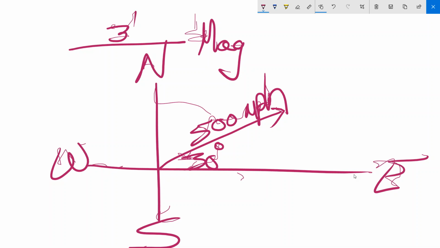The other thing is forces. If I pick a 10-pound rock up from the earth, I am applying 10 pounds, that's the magnitude, worth of force in a direction straight up. That's what vectors are all about.